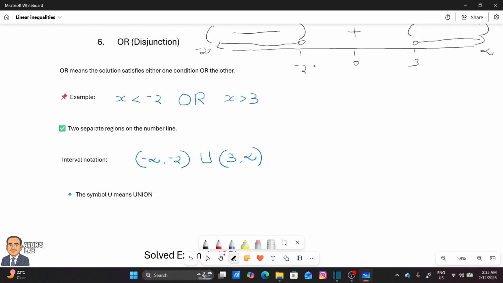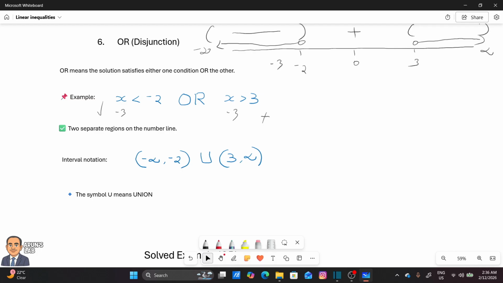For example, if x is minus 3, is x less than minus 2 satisfied? Yes. What about the other inequality? No. In an and operation, we would not consider minus 3 because both inequalities are not satisfied at the same time.